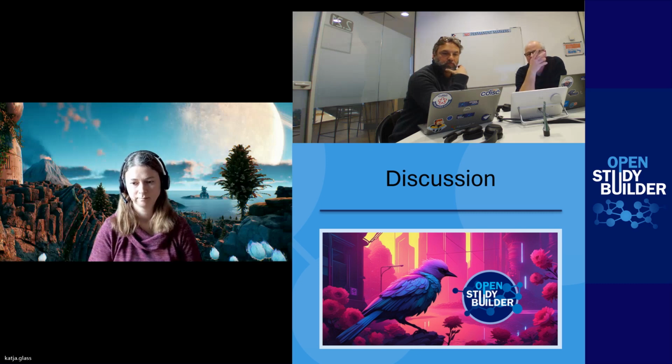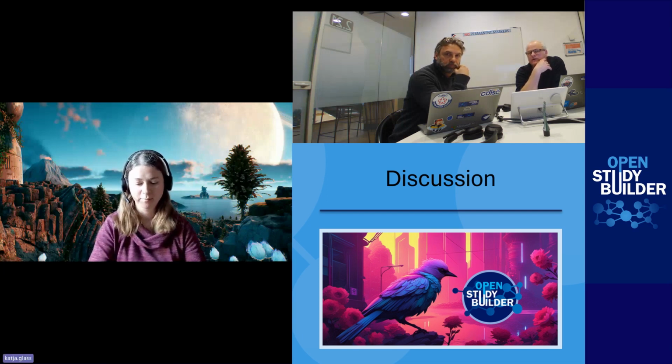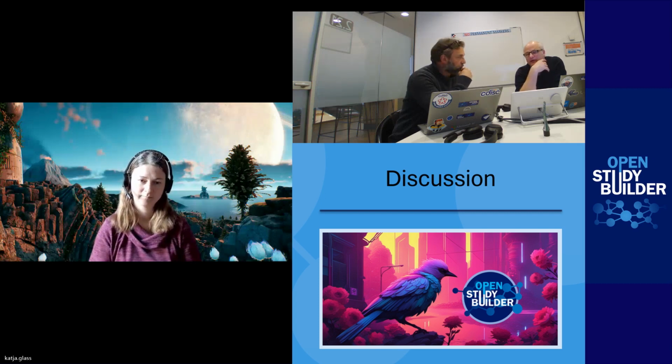GitLab is the repository for all the questions and findings. We did the same for the CUSA workshop last year, where we held it in the US and in Copenhagen.